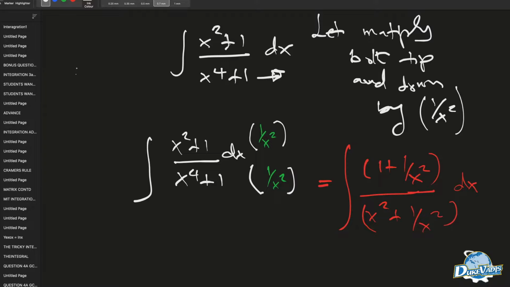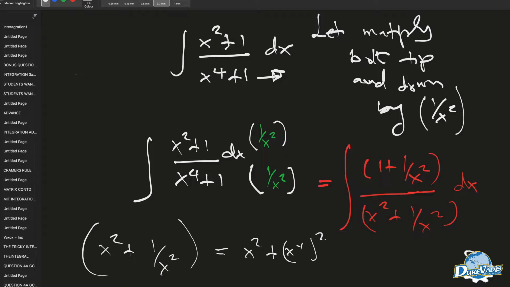Let's see what we can do. If we look at the bottom one, there's x squared plus 1 over x squared, which can be written as x plus x raised to the power negative 1, all squared. It's a perfect square.